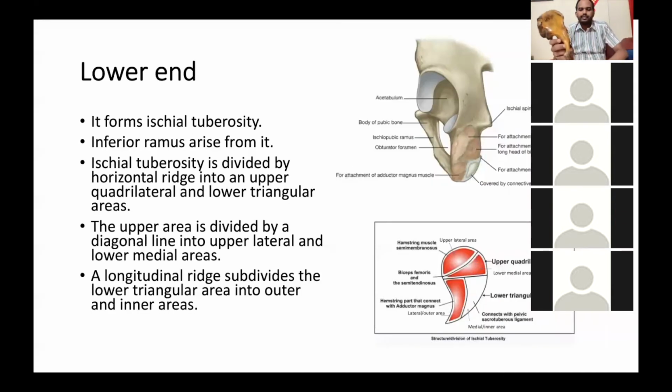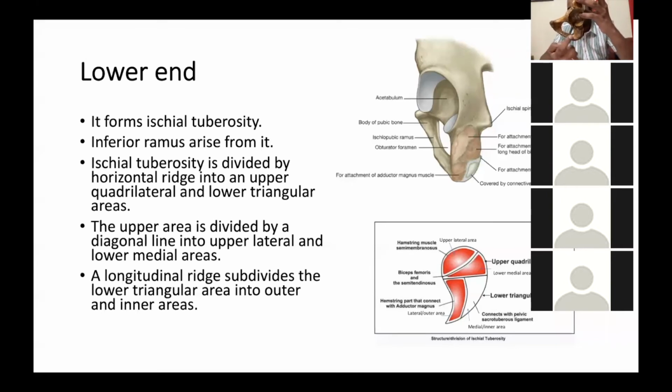Then coming to the lower end of the ischium, this is the upper end and this is the lower end. The lower end of the ischium forms the ischial tuberosity, on which we sit. The lower end forms the ischial tuberosity, and this is the inferior ramus.